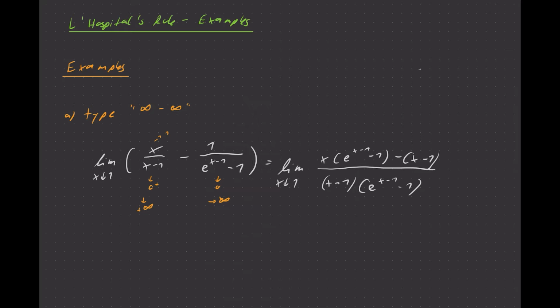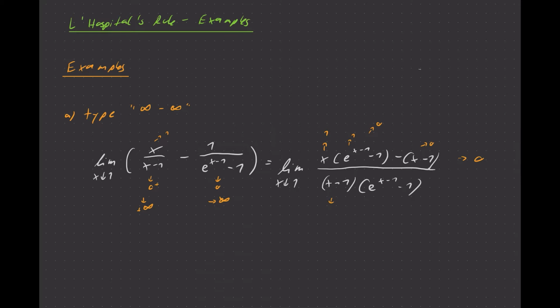And if you look at that, you can see now that as x tends to 1, this expression tends to 0. E tends to e to the power of 0, so to 1. And that means this expression tends to 0. And of course, that here tends to 1. So the whole numerator tends to 0.